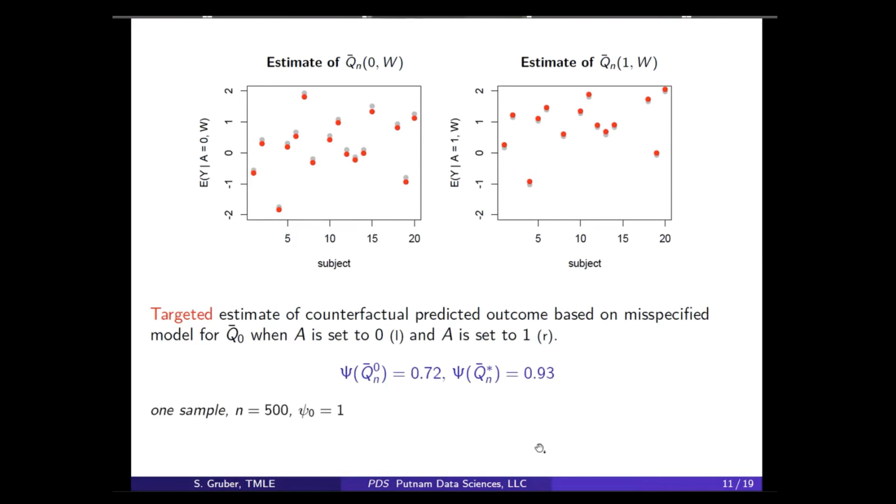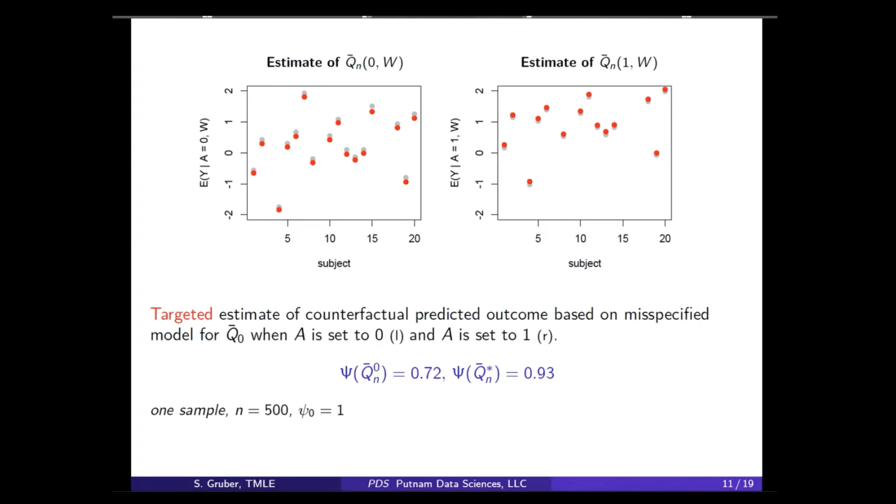And then in this particular data set, one sample, 500 observations, the true value is 1. If we had just evaluated psi of the initial, misspecified model, we would have gotten an answer of 0.72. The right answer is 1. But after targeting, we get an answer of 0.93. So we've come much, much closer to the truth. And the reason we're not exactly at 1 is because in any sample of size 500, you're not going to recover the exact population statistic.